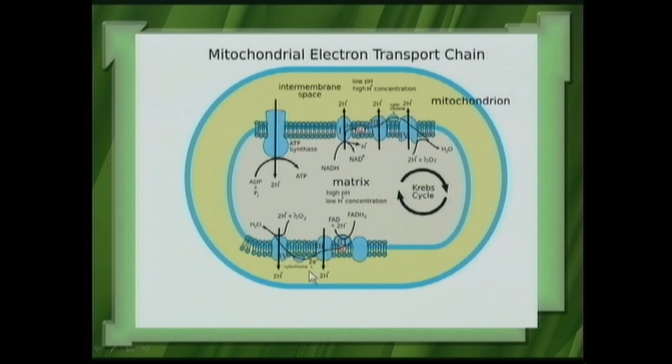On this side of the membrane you have very low pH. It's very acid because you have a lot of free hydrogen ions. Remember, pH stands for potential hydrogen ion concentration. The lower the pH is, the more acid it is. Then the hydrogen ions will diffuse through the ATP synthase to the other side, making ATP through chemiosmosis.